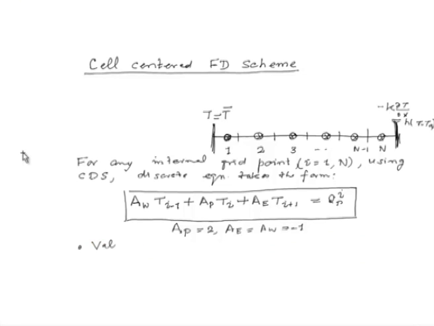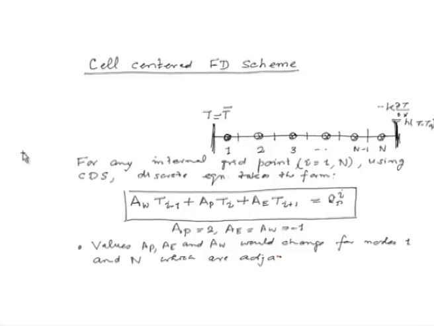Now, the values of these coefficients AP, AE and AW would change for nodes 1 and n, which are close to or adjacent to boundaries.